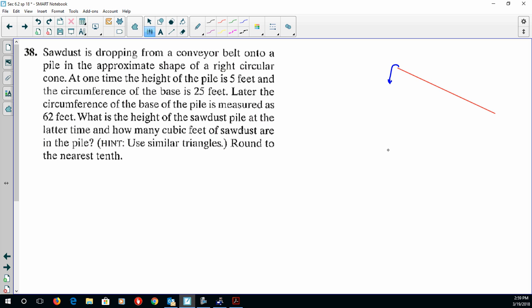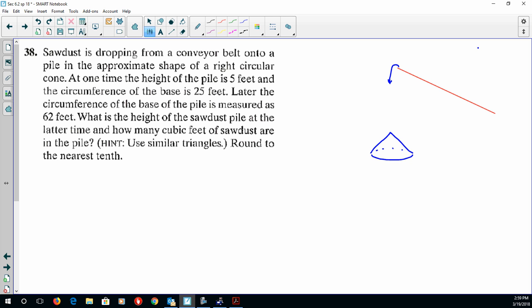Now the thing about sawdust falling off a conveyor belt, or sand or gravel, is that because of the nature of the material, it will always form a cone that's the same shape. In other words, the cone is not going to flatten out and get real wide as time passes, and it's not going to get real tall and skinny.